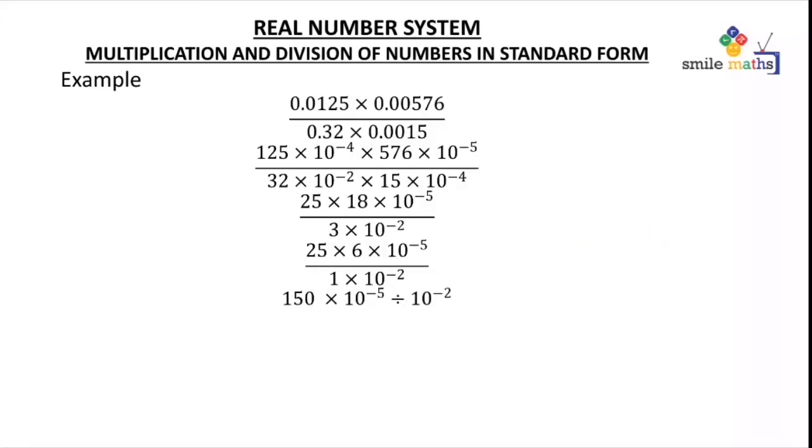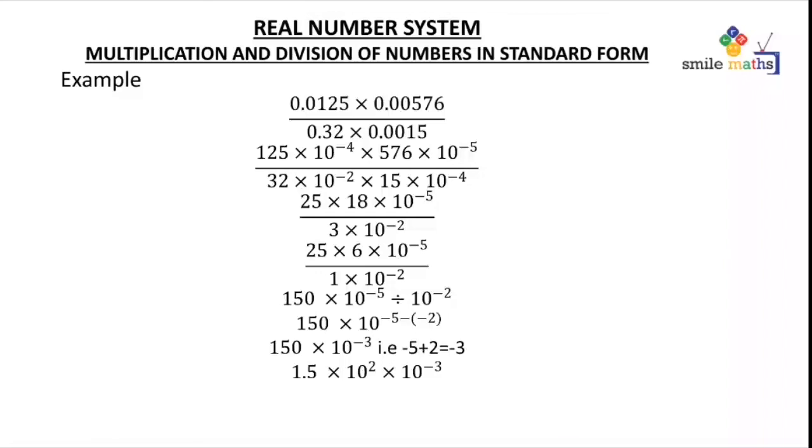Now this gives us 150 times 10 to the power negative 5 divided by 10 to the power negative 2, giving us 150 times 10 to the power negative 3, because they are dividing, so we subtract negative 2, which is negative 5 plus 2.